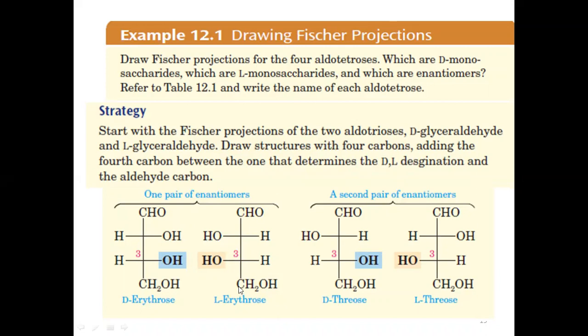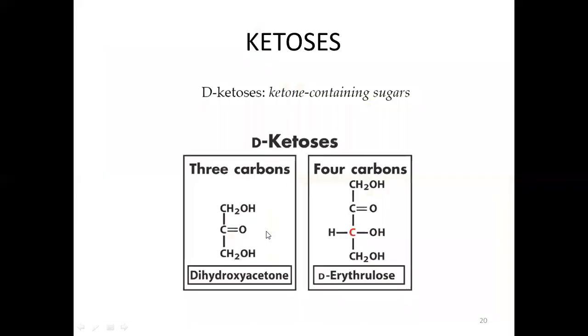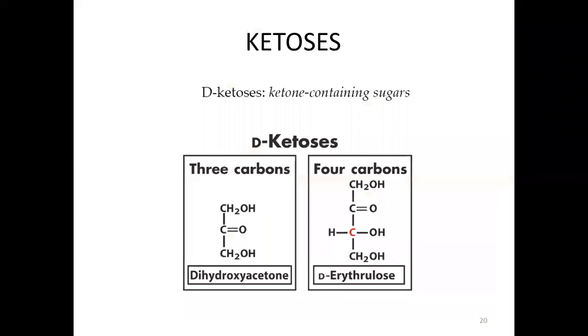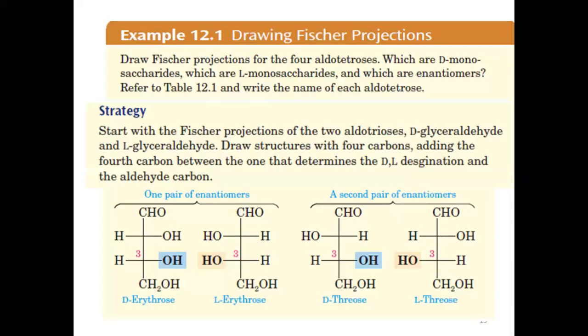It's very tedious to draw the wedge and the broken line just to show the orientation in 3D space. That's why we have this Fischer projection and how we draw the chiral centers, particularly for sugars. Okay, this is simply a review of what you've learned in organic chemistry on enantiomers and diastereomers. Review on that, and we'll have a quiz next meeting.